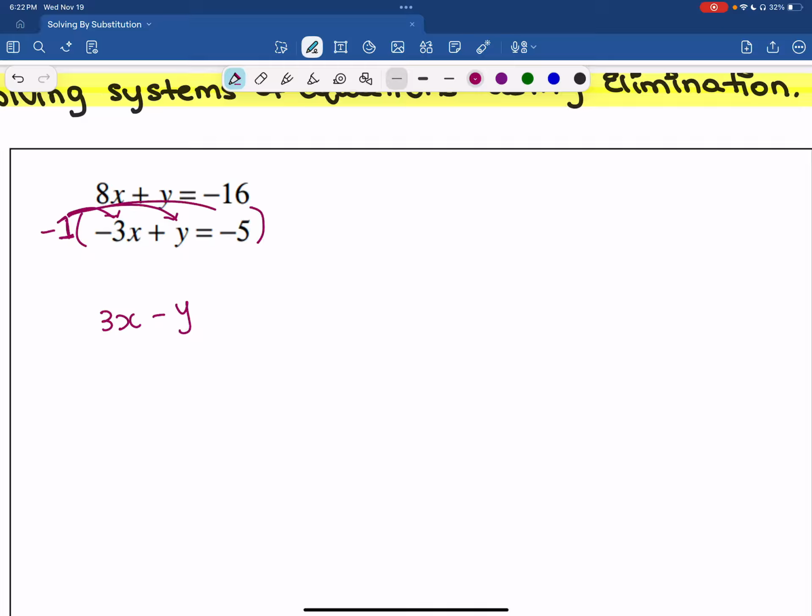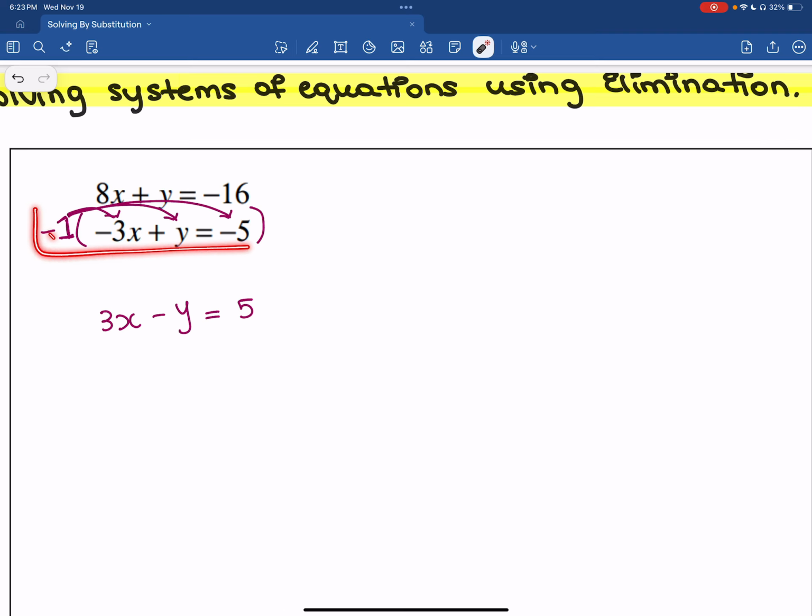And -1 times -5 is positive 5. So I've multiplied the second equation by -1. I distributed the -1 to every term in the parentheses, and now I have this new equation.